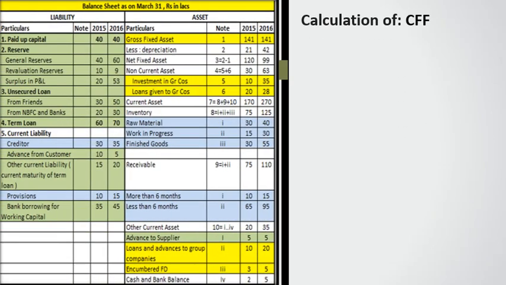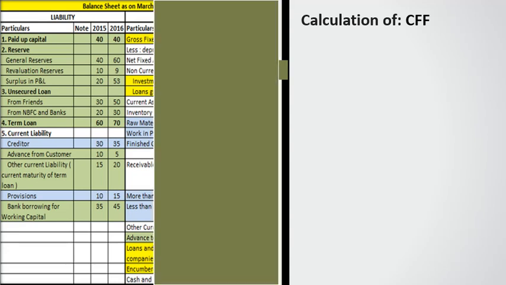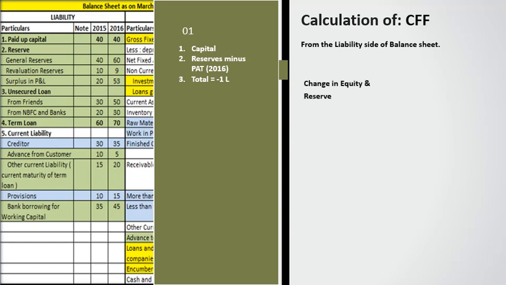Let us look at the CFF calculations from the balance sheet. The balance sheet is shown for the financial years 2014-15 and 2015-16. First, from the liability side of the balance sheet, we shall calculate the change in equity and reserve. Equity equals rupees 40 lakhs in March 2016 minus 40 lakhs in March 2015 equals 0, or no change.